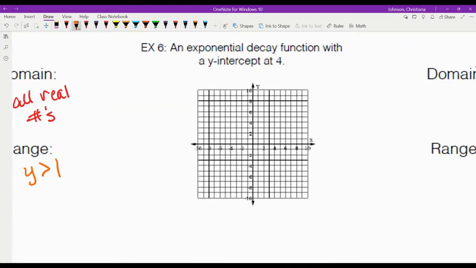The next one says decay. Decay means that it's falling down. So we have to find where our point is at. It's at 4, which means it's been moved up 1, 2, 3. So our asymptote is now right here. And the exponential decay means that the graph looks like it's falling down. So it's starting at the top and coming this way.